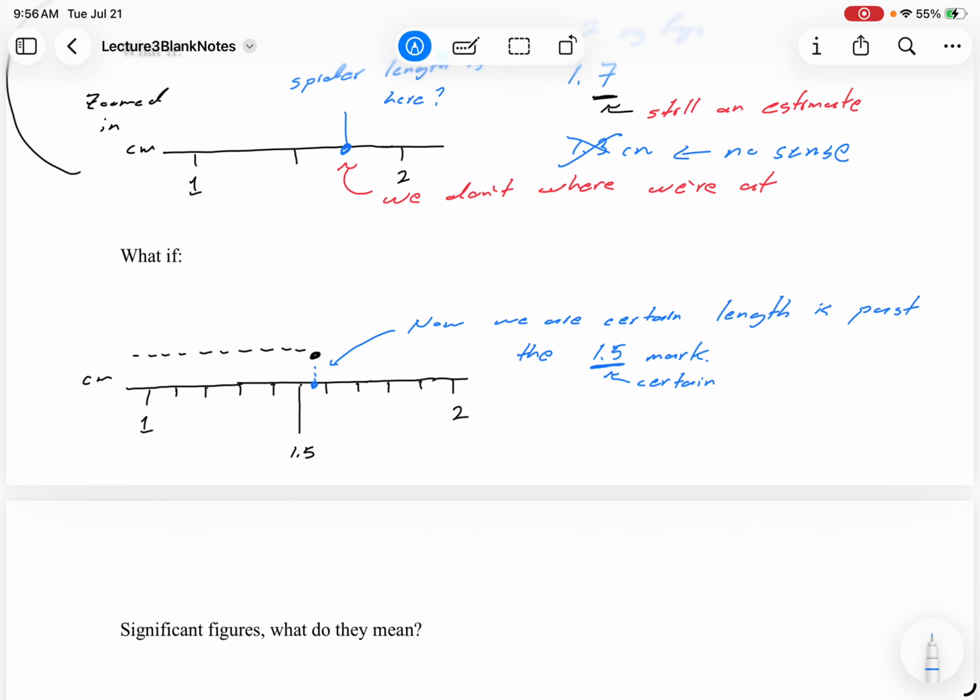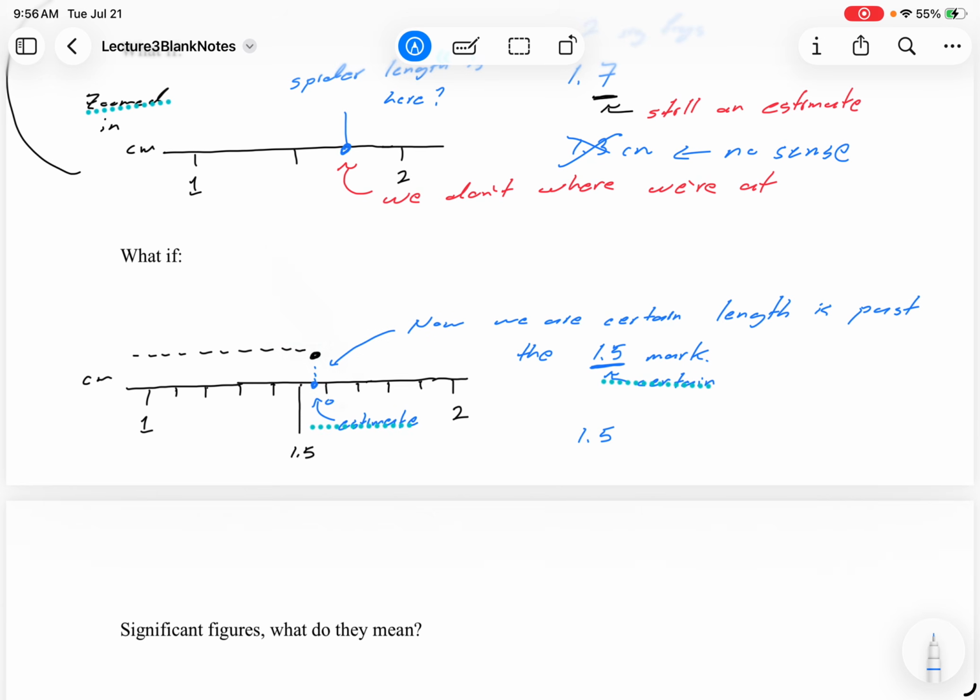We are certain. And what are we allowed? We are allowed one estimate. Remember that we are allowed one estimate. So we can report our findings as maybe 1.5, and let's estimate between the 0.5 and the 0.6.